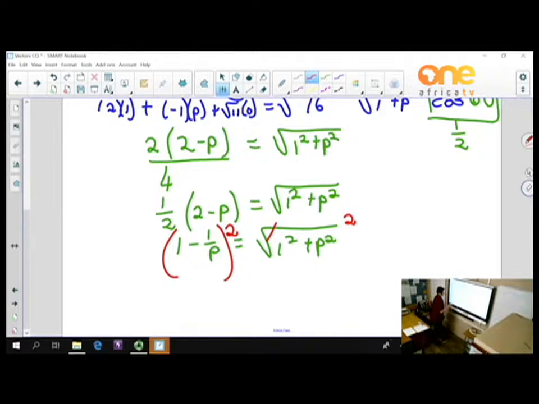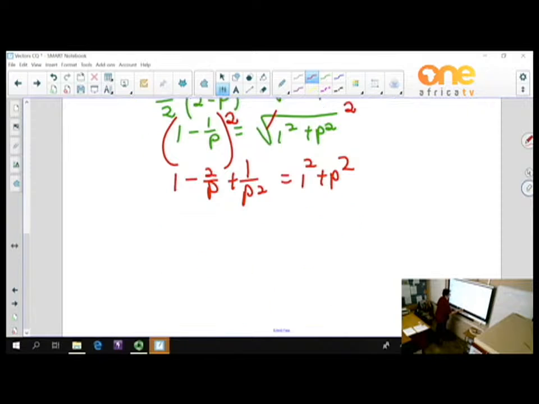And now remember, this is going to give you a trinomial here. So we have 1 minus P plus a quarter P squared, which is equal to 1 squared plus P squared. If we bring them over now and sort them out, you have negative 3P squared minus 4P, which is equal to 0.